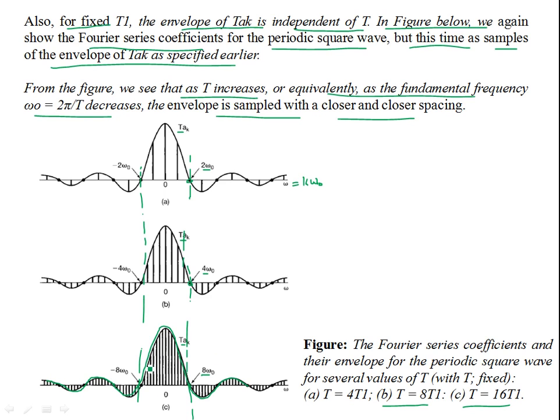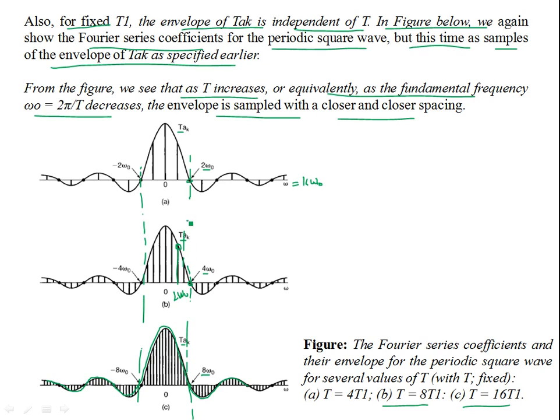The samples again are reflecting the strength. For example, if you want to see how much, let's see, this is omega naught, this is 2 omega naught. You take the sample over here, this is 2 omega naught. You want to see how much strength the second harmonic is contributing in the signal. You take the sample at 2 omega naught and see this for yourself.